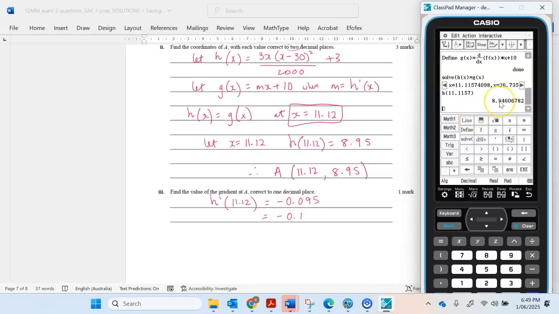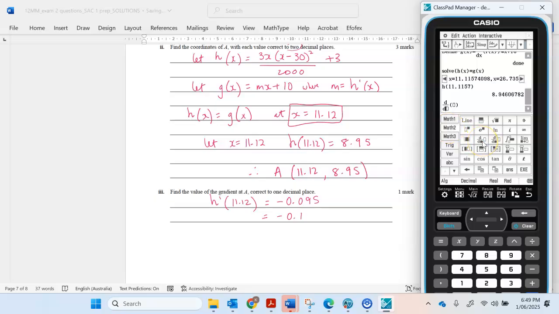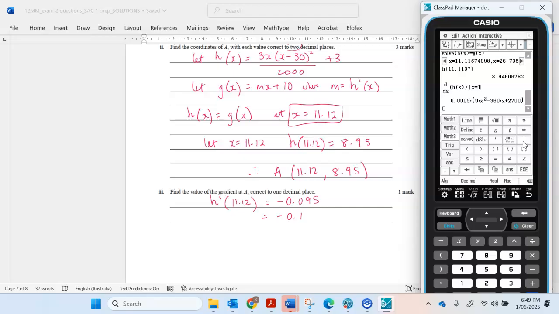So on here we can just do the derivative of h of x, given that x equals 11.12, and we had to do it to 1 decimal place.